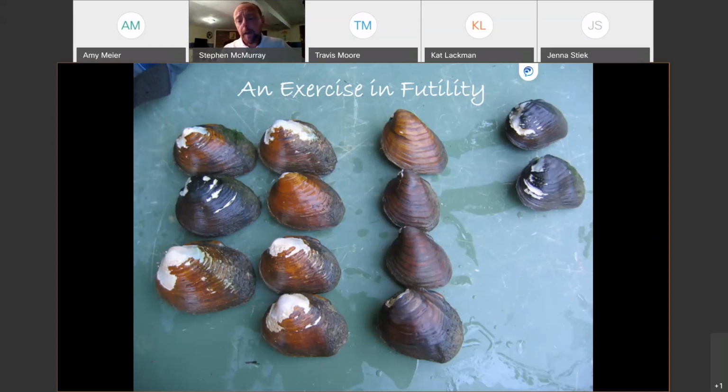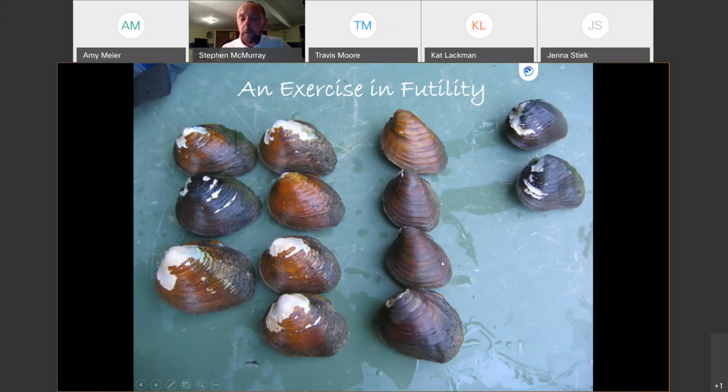But the other thing to keep in mind is that mussels are famously ecomorphic animals. And so what that means is that oftentimes their shell characteristics are defined by their habitat. Let's say, for example, that these 11 individuals right here are all the same species.